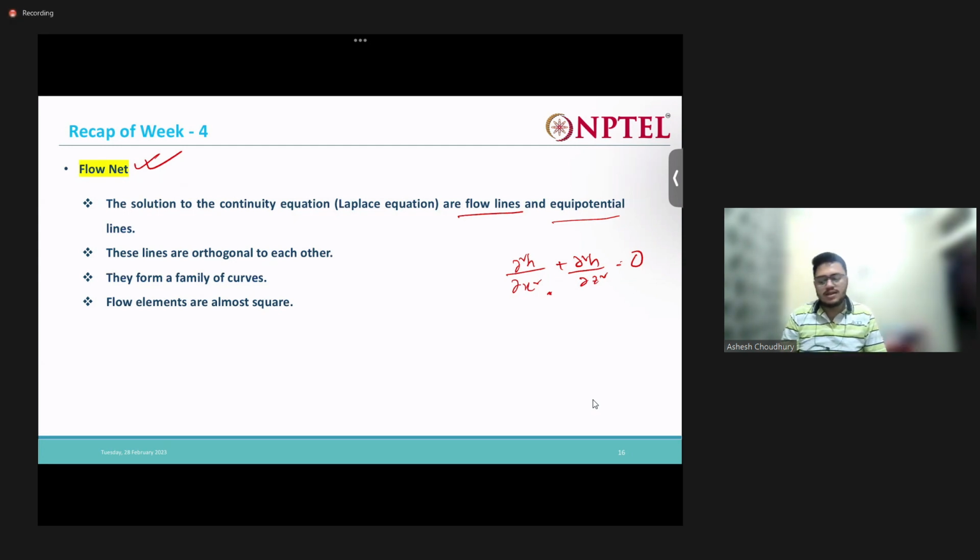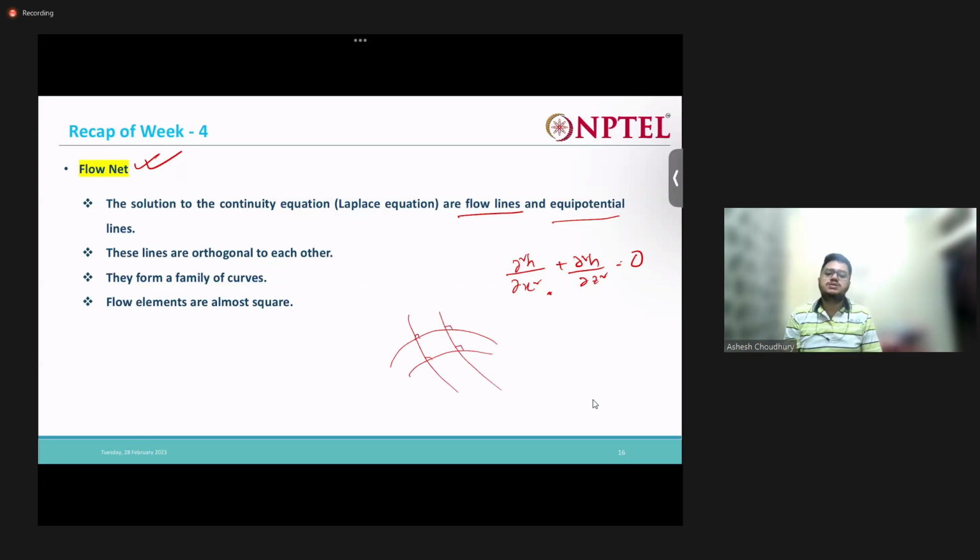These flow lines and equipotential lines have a very distinct property, that is they are orthogonal to each other. Orthogonal means they are perpendicular to each other. These flow lines and equipotential lines are always perpendicular to each other. Also in the flow net, say these are my flow lines and these are my equipotential lines, at these points they are always perpendicular.